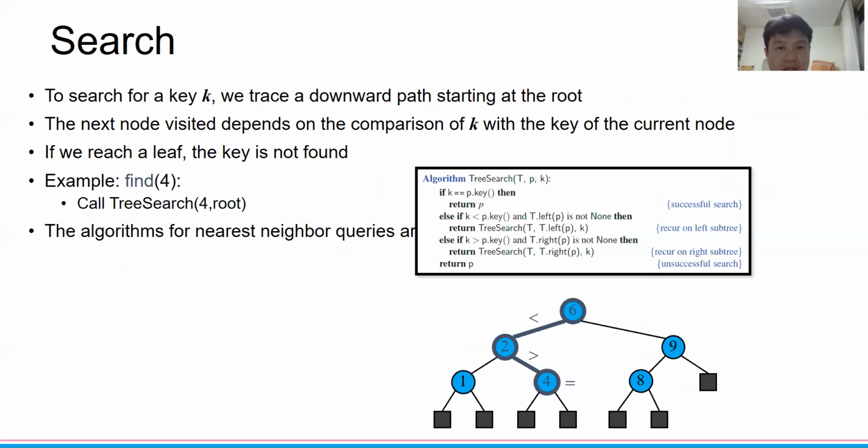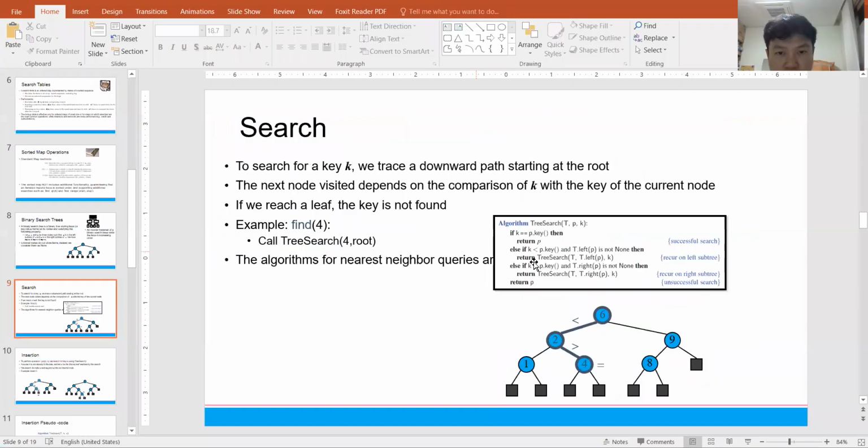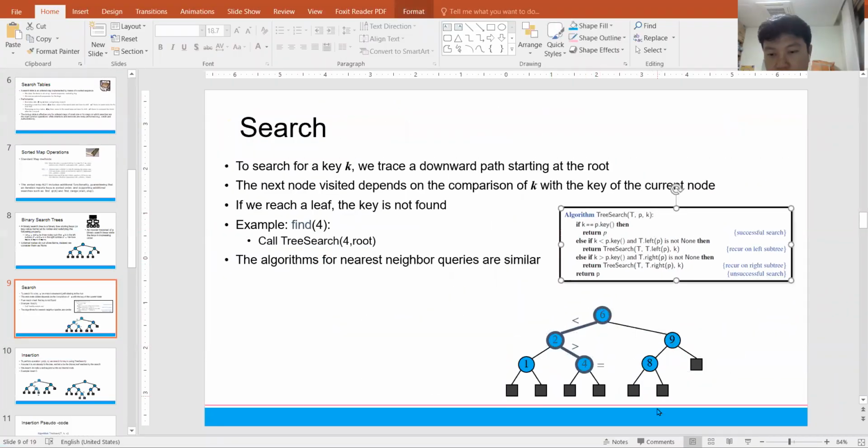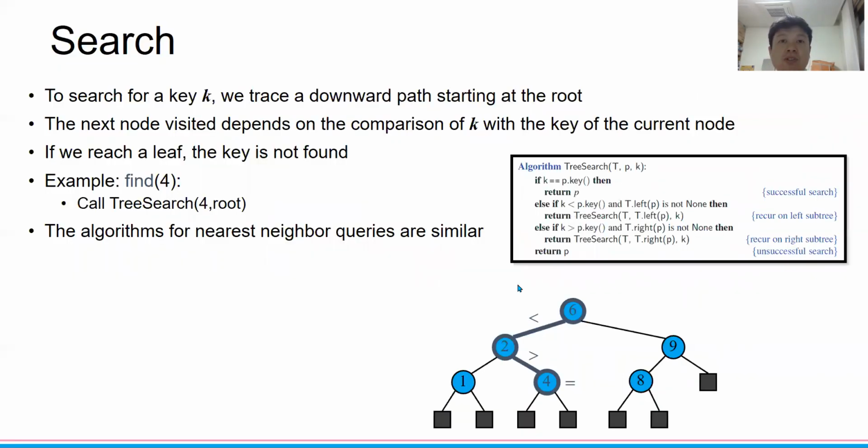For the search, when we are using this binary tree, it seems that this is a good way to search. We are searching based on the key k.